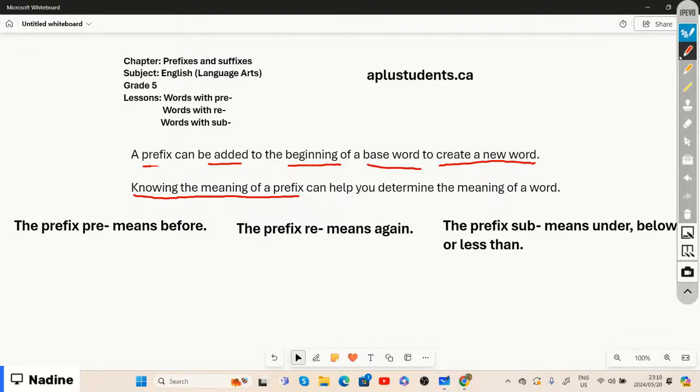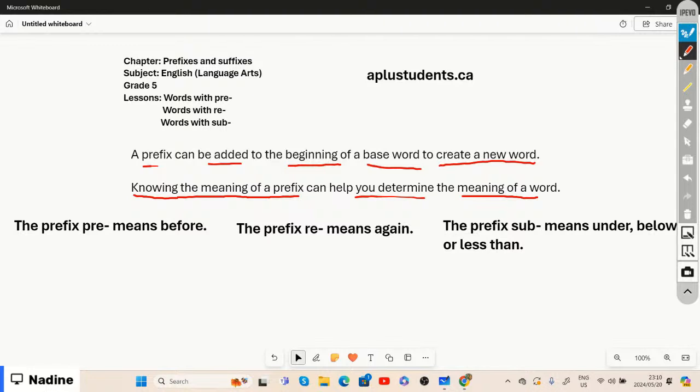So knowing the meaning of that prefix can help you to determine the meaning of a word. Once again, knowing the meaning of a prefix can help you to determine the meaning of a word, right?